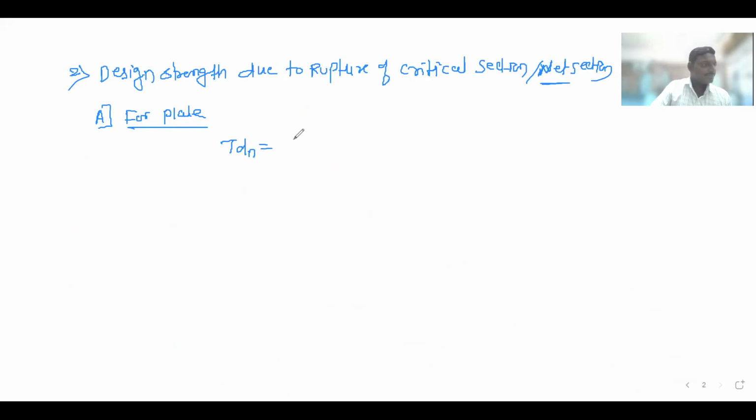So for plate, the formula is 0.9 A_n into f_u divided by gamma_m1. What is f_u here? f_u is the ultimate tensile strength.